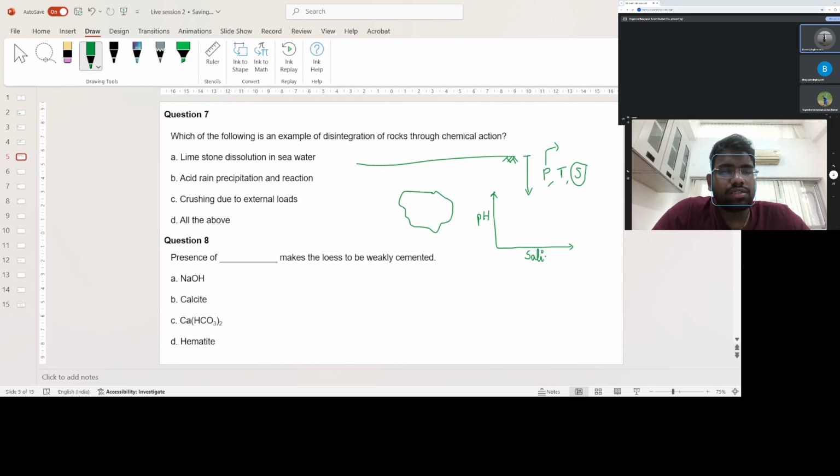we define the salinity in either gram per liter or mole per liter, etc. One interesting aspect is that at a particular pressure and temperature condition, pH starts decreasing with salinity.